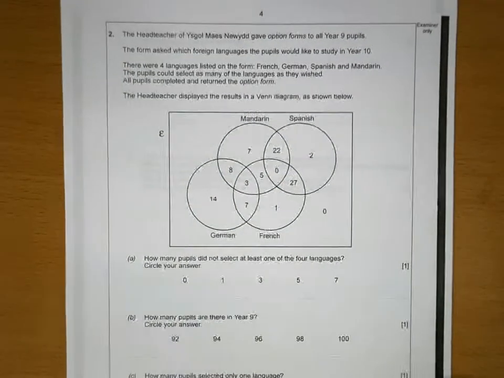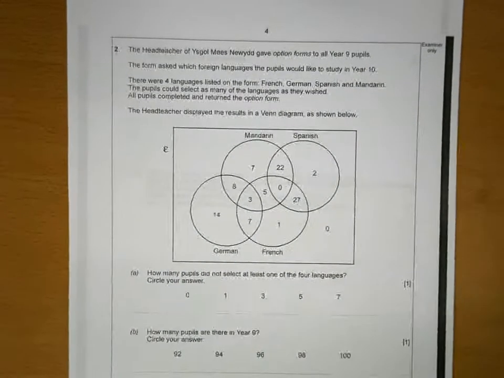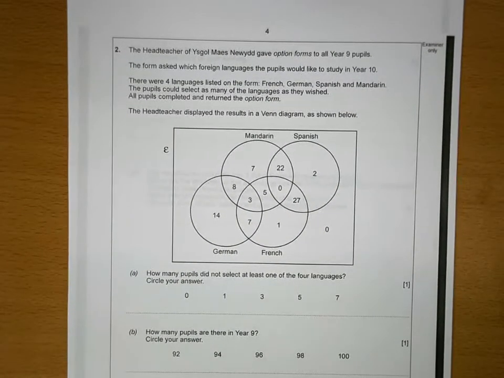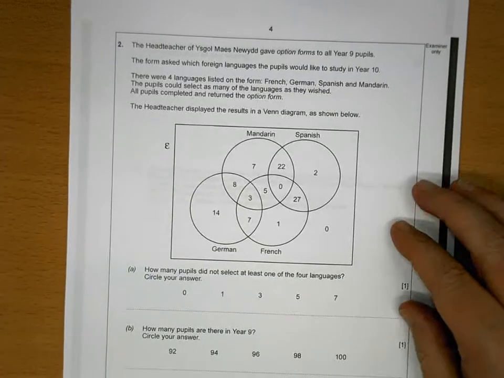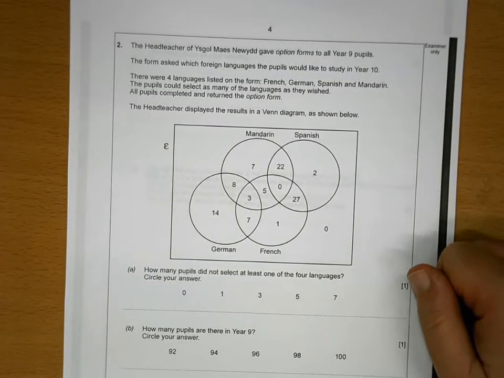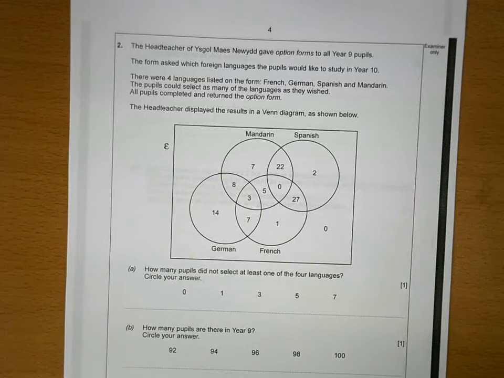Question 2, horrendous looking question. So this is a Venn diagrams question. Now Venn diagrams come up on both the numeracy paper and they come up on the maths paper. So these will be something that we'll be looking at in the spring term as well from a maths point of view. So the head teacher of Ysgol Maes Newydd gave option forms to all Year 9 pupils.